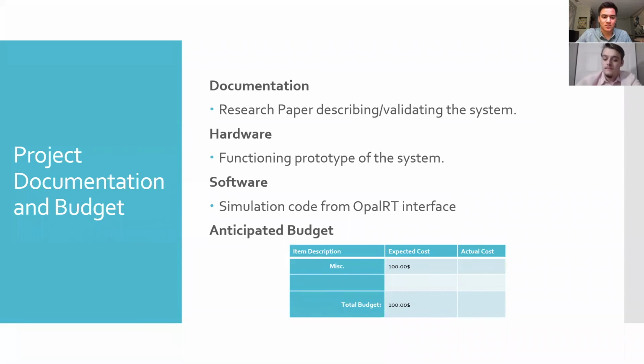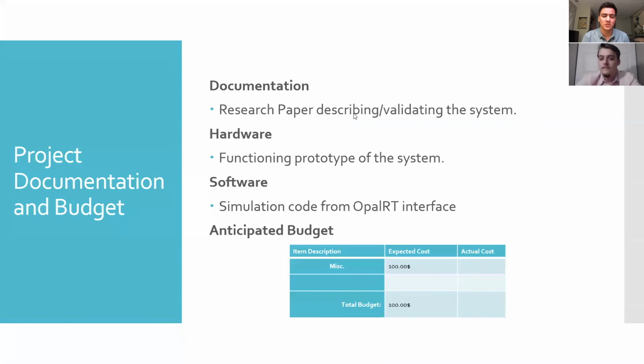So I'll be talking about the project documentation and the budget. Upon request from our sponsor at Sandia, they would like a research paper describing our findings and the validation of the system that we will be using. Hardware-wise, they would like to see a functioning prototype of our power system within the lab. They'd also like to see the simulation code from the Opal RT interface for the software.